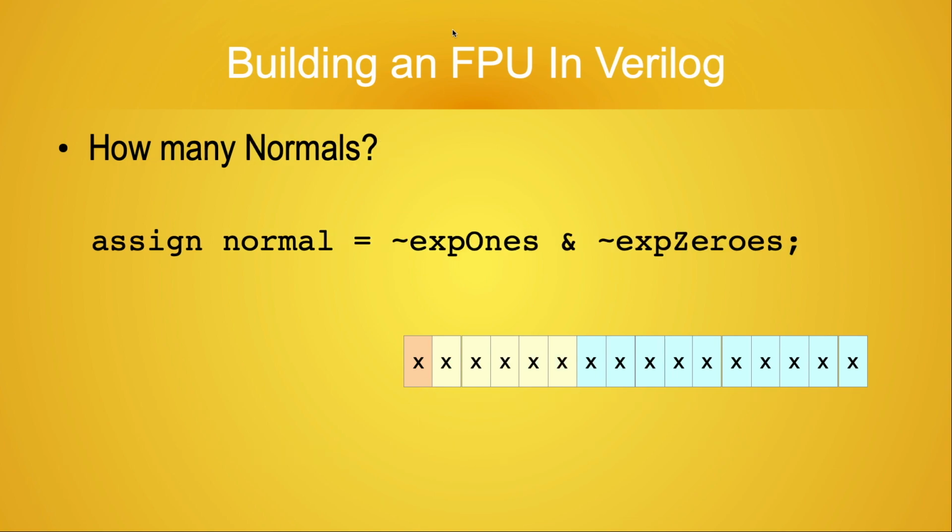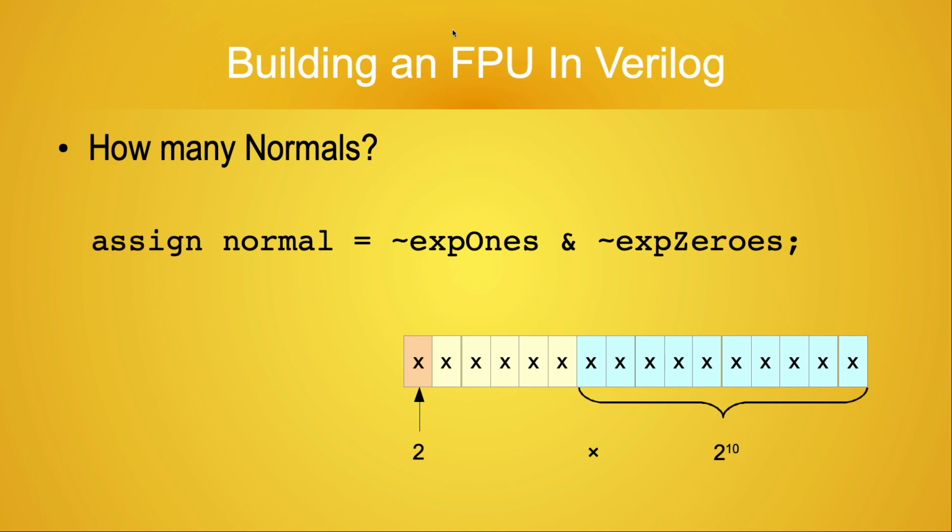Finally, consider the logic equation for normal numbers. Like every other case, we have two different values for the sign bit. Notice that for normal numbers, we have no restrictions on what may be placed in the significand. Since there are 10 bits in the significand, there are 2 to the 10th power, or 1024 different values for the significand. How many different values can we have for the exponent field? The exponent field is 5 bits wide. This means that the exponent field can hold up to 2 to the 5th power, or 32 unique values.